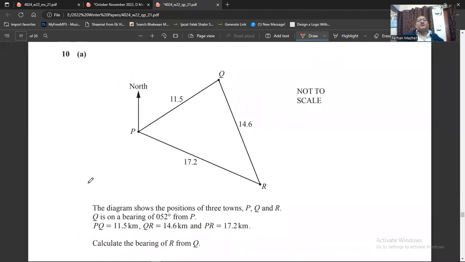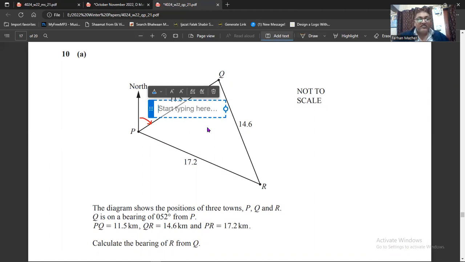It says the diagram shows the positions of the three towers, P, Q, and R. Q is on a bearing of 52 from P. So this angle is given from P, which means at P you have north. So we have this angle here, and that is 52 degrees.